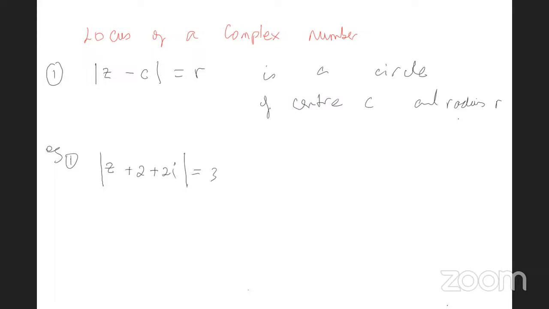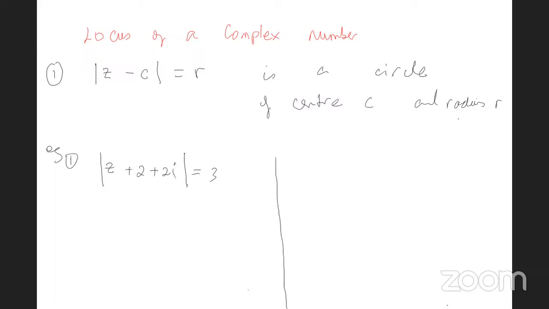And I wanted you to describe the locus and sketch it. Here's what we could do: we could put it into this form and work it out, or we could do it the long way in case we forget it. So I'm going to show you the long way first.